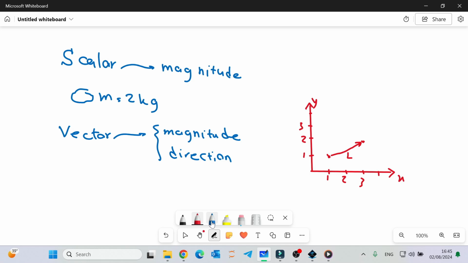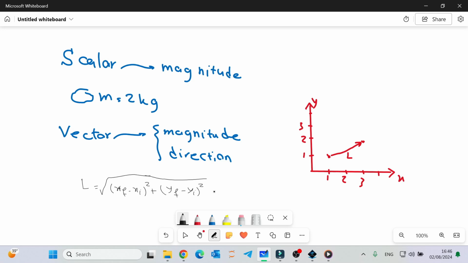The magnitude of a vector will be calculated as the square root of (xf minus xi) to the power 2 plus (yf minus yi) squared, where xf is the final point in the x direction and xi is the initial point in the x direction.